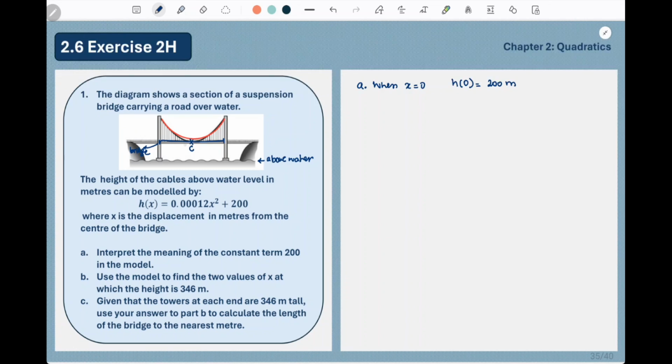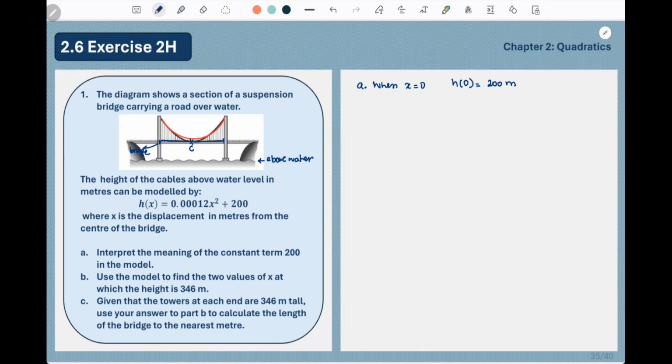But when we're here, what does that mean? This is the difference between the cable and water level. We know that the height represents the height between the cable and the water level. But what does that mean at this specific point? That is the height of the bridge above water level.